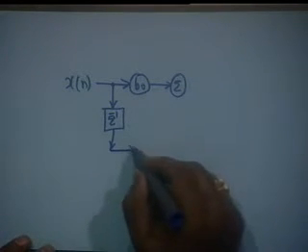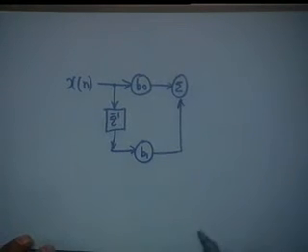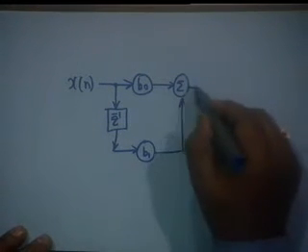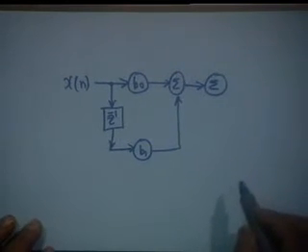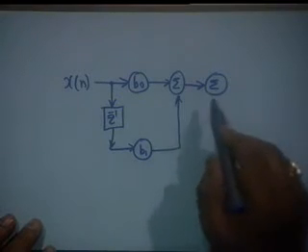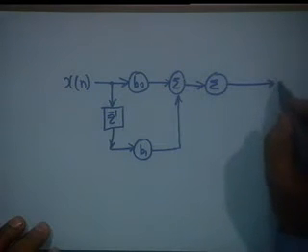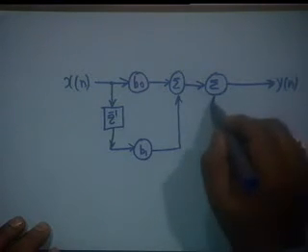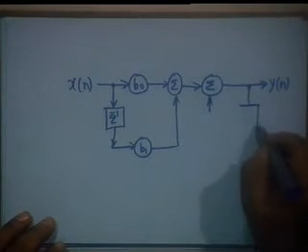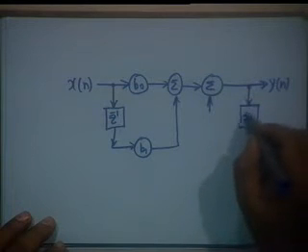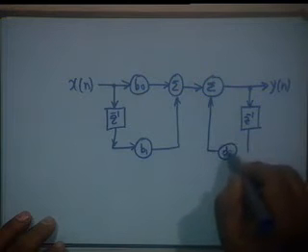So, x of n minus 1, you multiply this by B1 and add it here. To make things a little more involved, let us say that we have another summer. We could have combined these two summers, but we do not do that. We use them separately, whose output is y of n. It requires another signal, and this signal is derived from y of n through another delay Z inverse and multiplied by, let us say, D1.